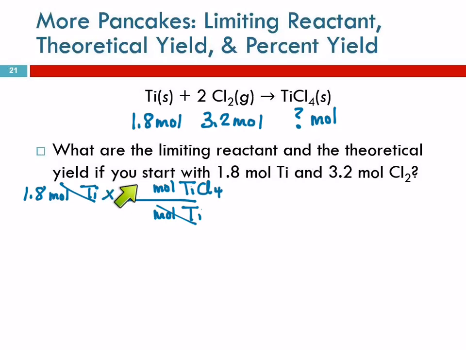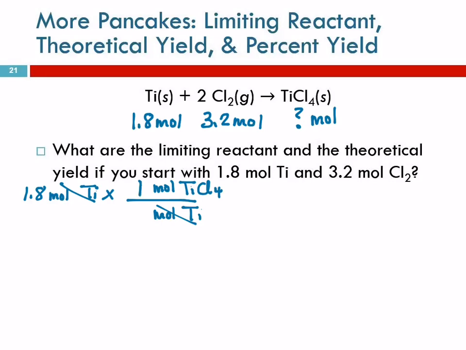Do you remember how we got the numbers for this ratio? Mole to mole ratio comes from where? The balanced chemical equation. So for 1 mole of titanium, I get 1 mole of product. There aren't any coefficients written there, but we understand that there's a 1 implied.